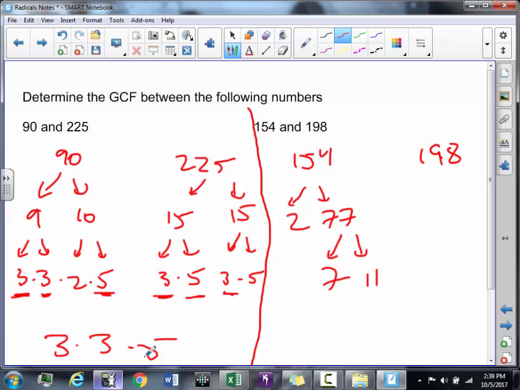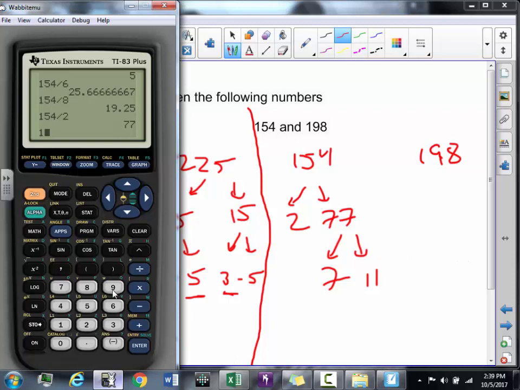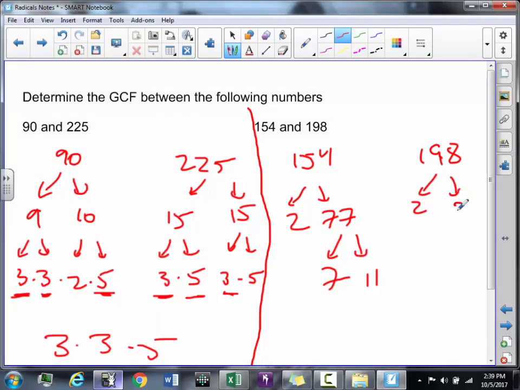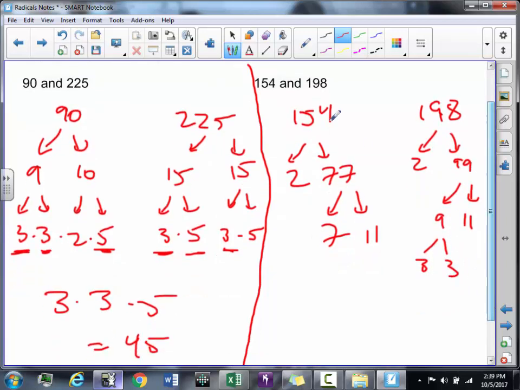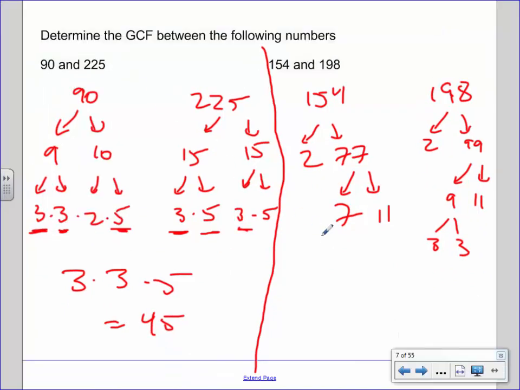Okay, 198. Let's see, it probably divides by 2 to give 99. Okay, so 2 and 99. 99 is 9 and 11. And then 9 is 3 by 3. Okay, last question then. What do both of these numbers' prime factors have in common?